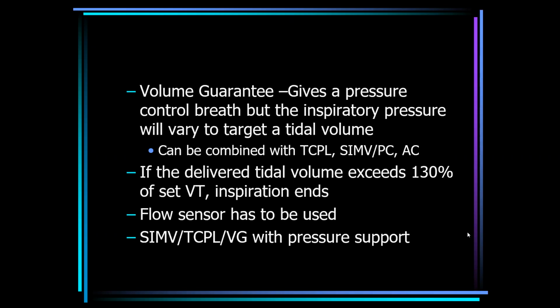Will it vary only to the max level of what we already had set? Is it kind of like an alarm limit for PRVC? For TCPL, you set the pressure, but when you add the VG, you still have the pressure set there, but that's essentially kind of like a high pressure limit alarm. With PRVC, you have your tidal volume set, not your inspiratory pressure set.